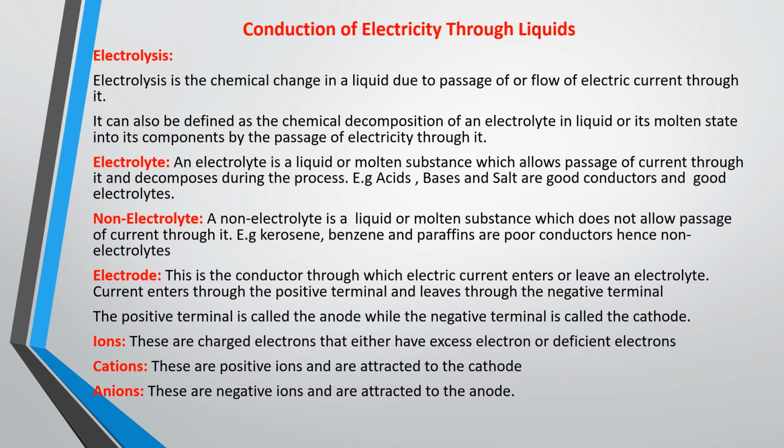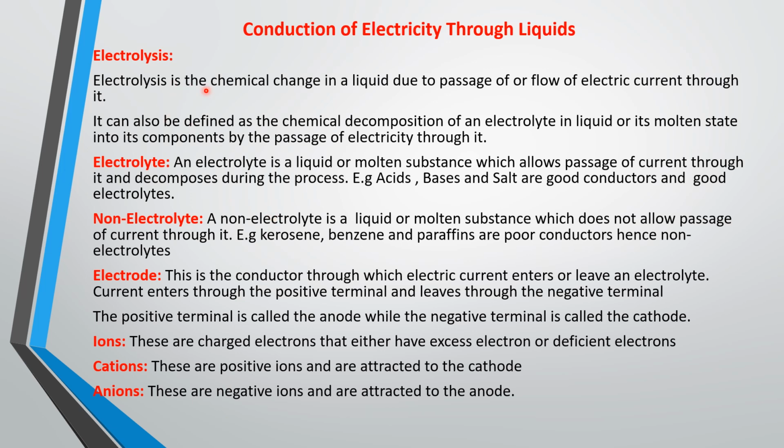Okay, so as I said, today we are going to talk about conduction of electricity through liquids, and that has to do with electrolysis. So what is electrolysis? Electrolysis simply is the chemical change in a liquid due to the flow of electric current through it.